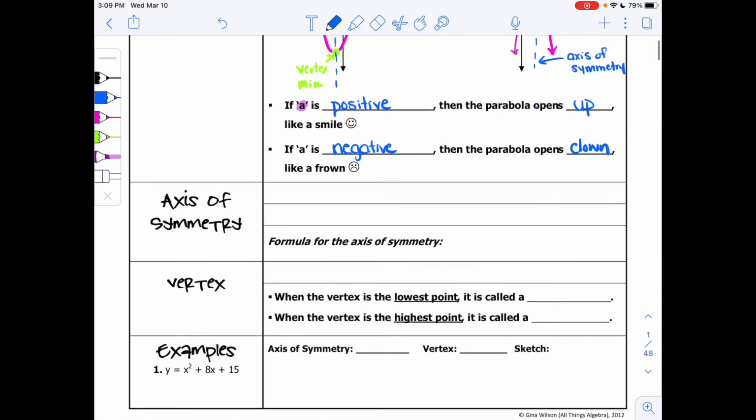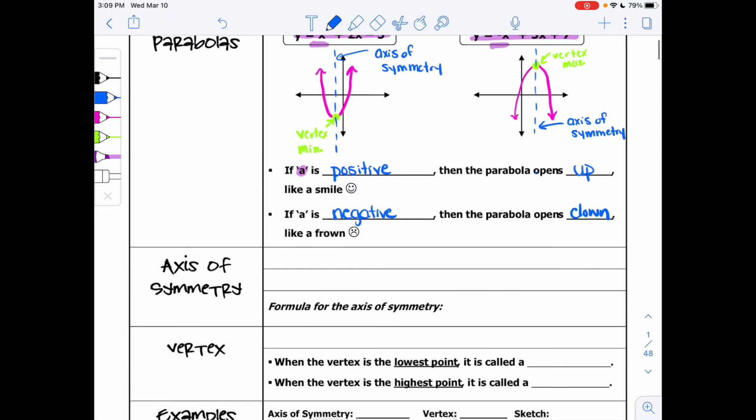Your axis of symmetry, remember that dotted line that cut it in half? The axis of symmetry is the vertical line that divides the parabola into two equal parts.